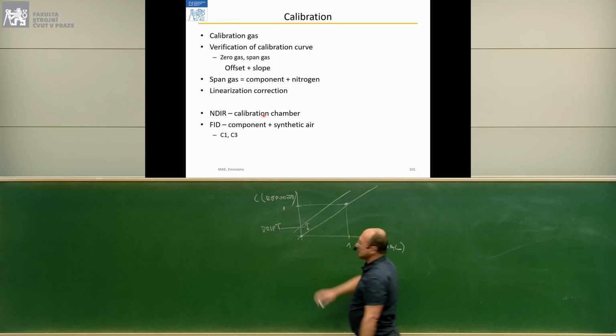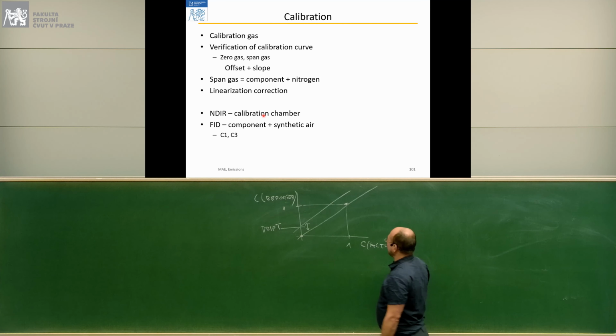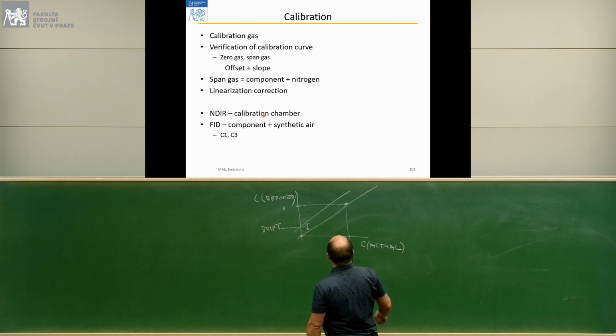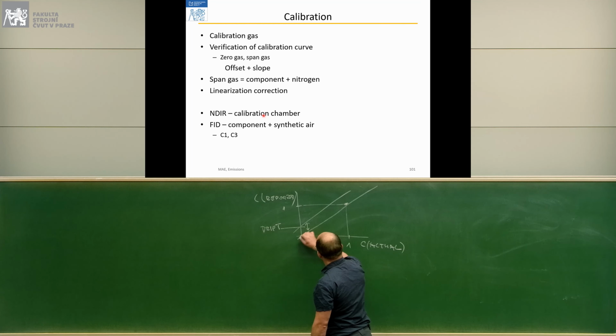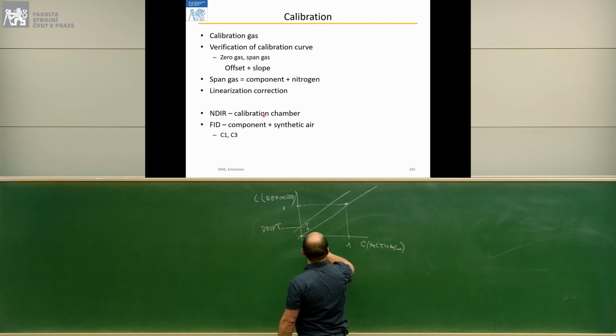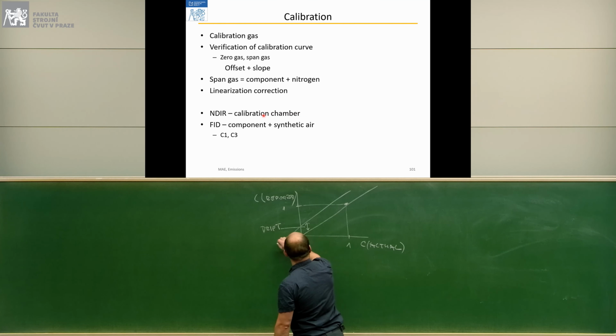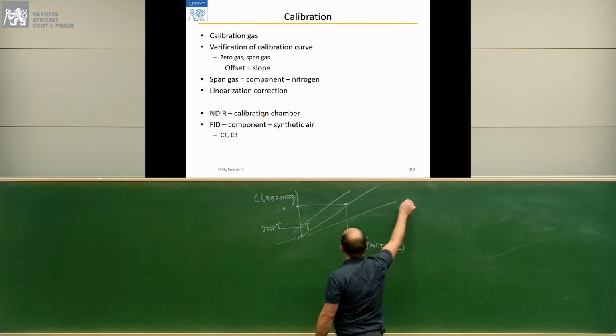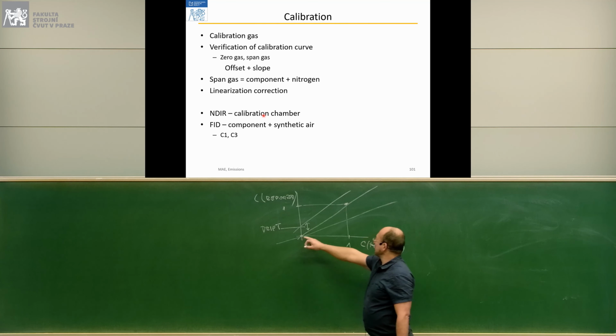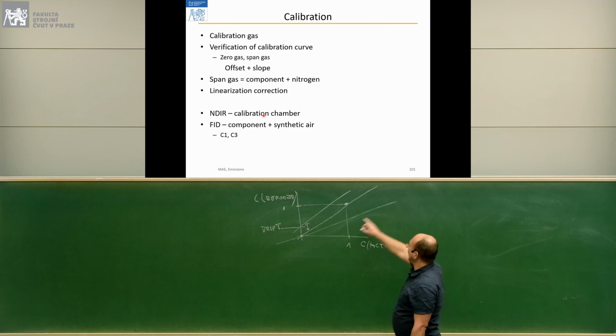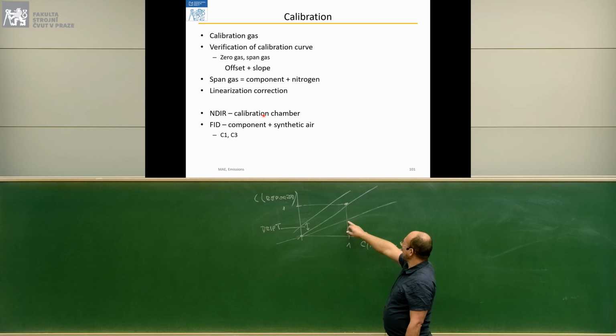It could be either positive or negative. Then you can have an error in slope, where the response is linear, but you always measure, for example, half of what you should be measuring.